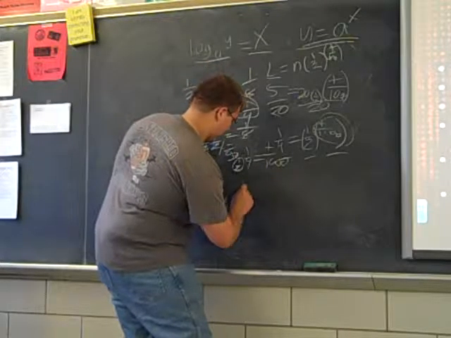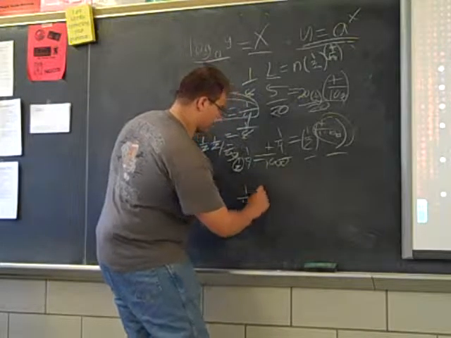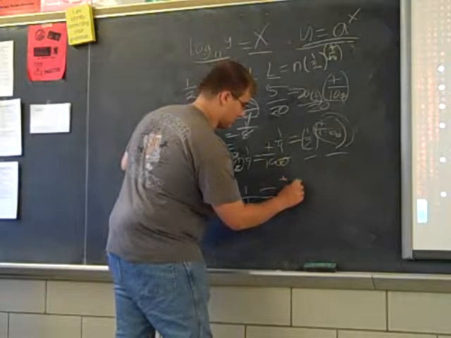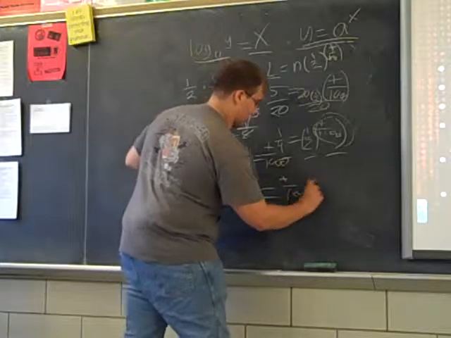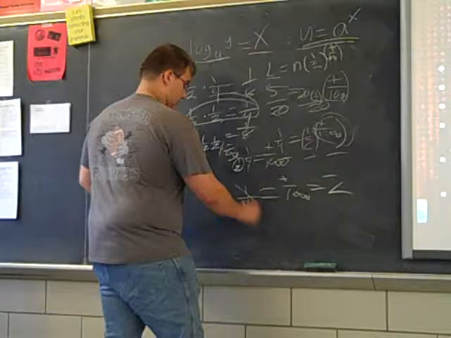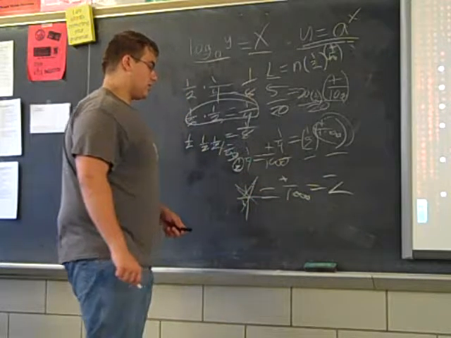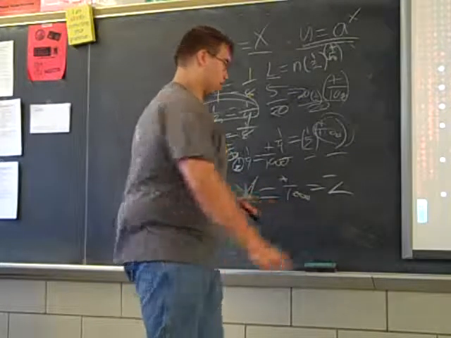So I have to rewrite it again because I rudely intruded on it. Which really, we don't need that anymore. So t over 1,000 equals 2.